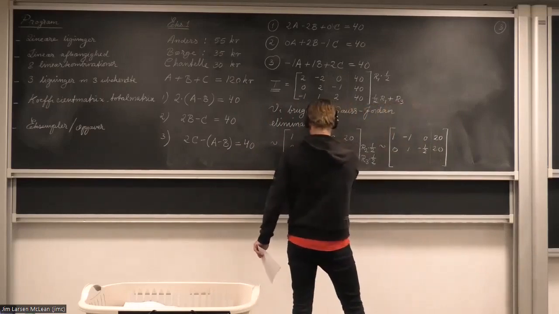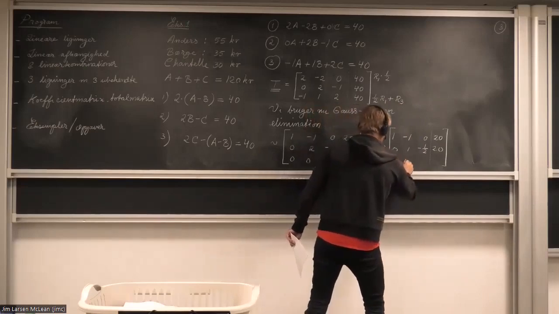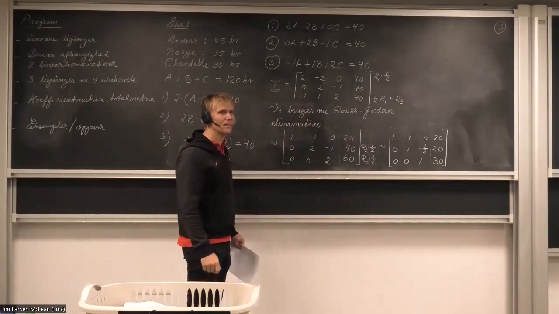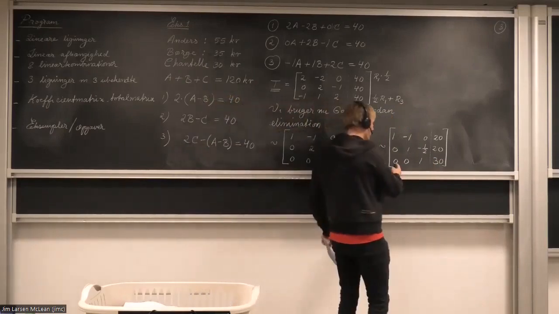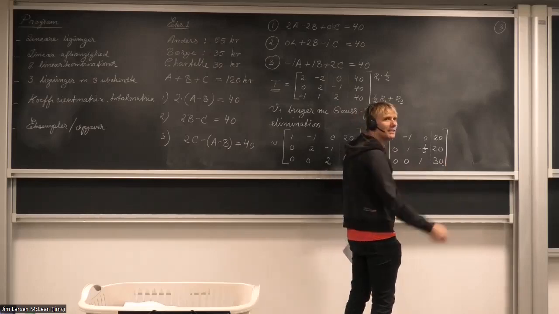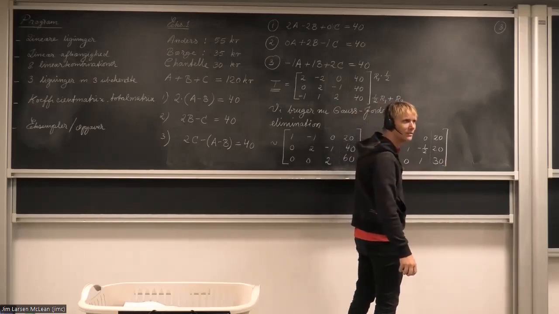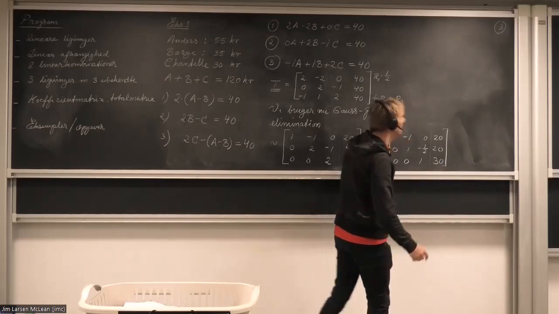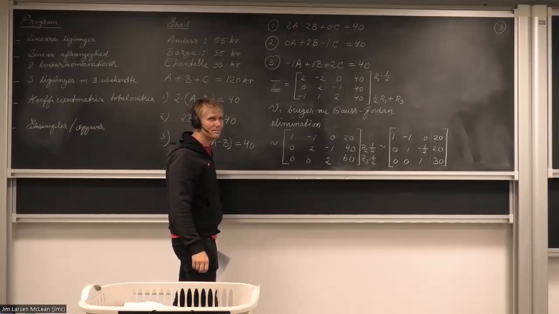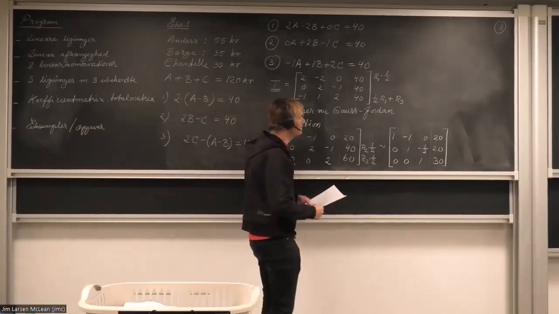And down here, it will say 0, 0, 1, and 30, because I'm multiplying by half, right? Just take a look at what it says now. 0a plus 0b plus 1c should equal 30. So what is c? 30. So Chantal apparently has 30. We knew that quite well, but only because we started with the solution.